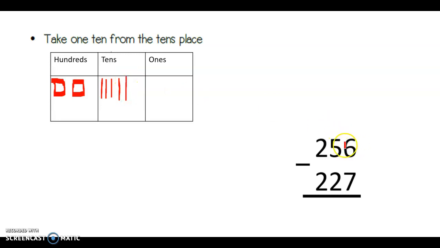And I have 6 ones. And I am going to borrow a 10 and move it over to the ones place so that I am going to be able to subtract 7, because right now I can't take 7 away from 6.